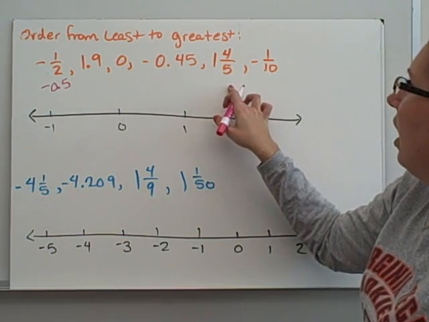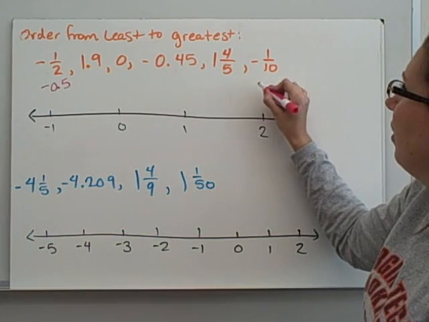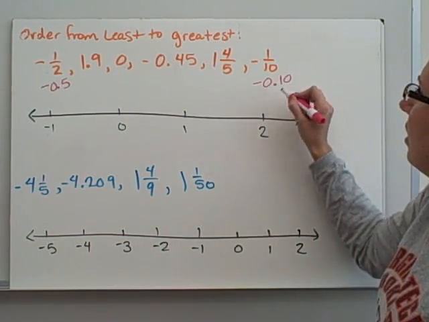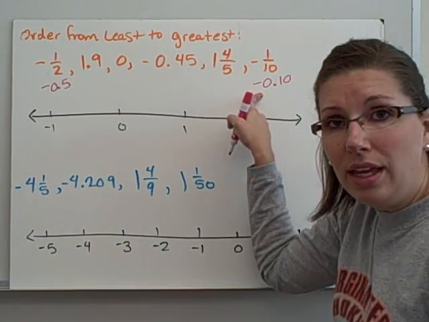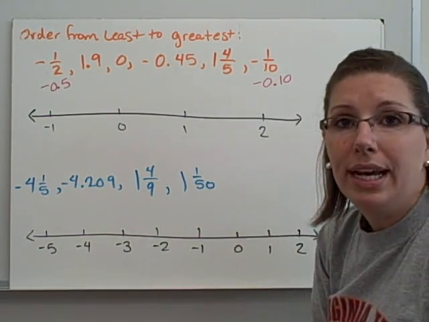And then we've got that and that. Now, -1/10, that fraction tells you already what decimal you should be writing down.